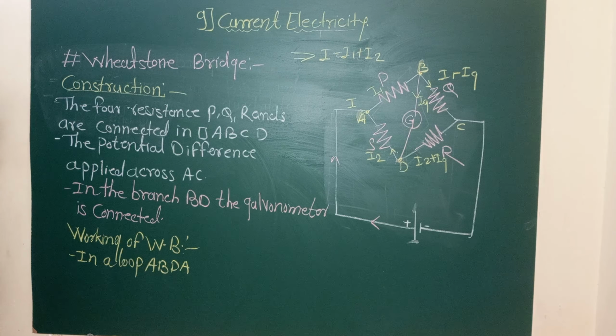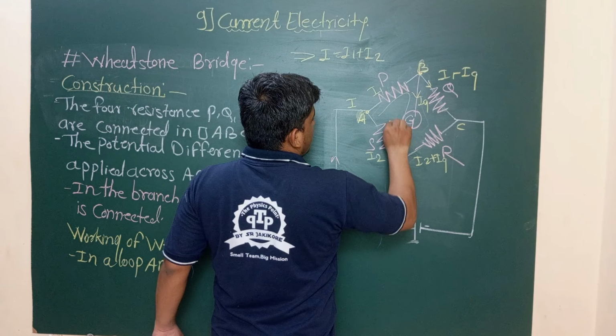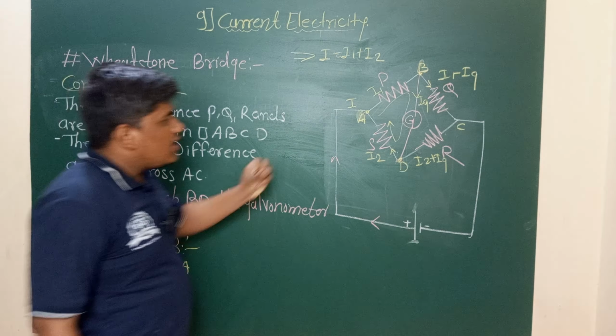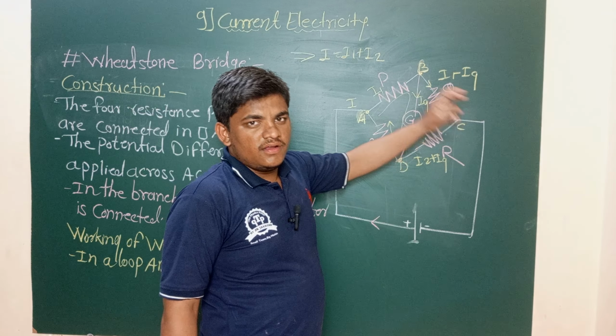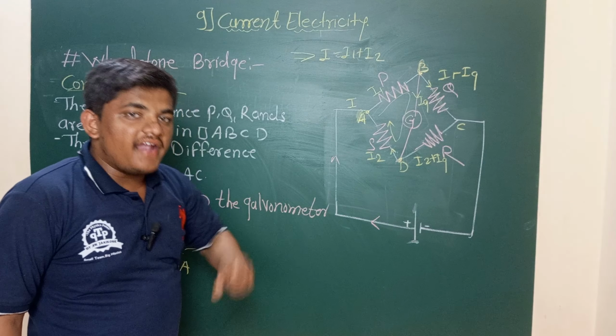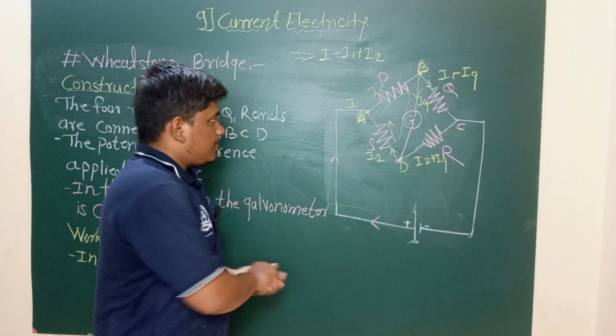In the first loop, we know the direction of current is like that. The directions show the flow of current. If anything in the loop is opposed to the current, it is taken as negative. If the loop is in the same direction as the current, it is taken as positive.